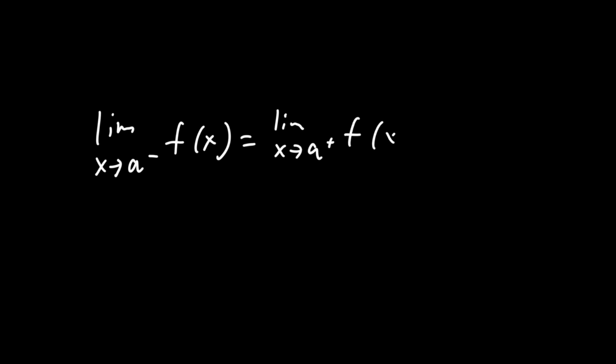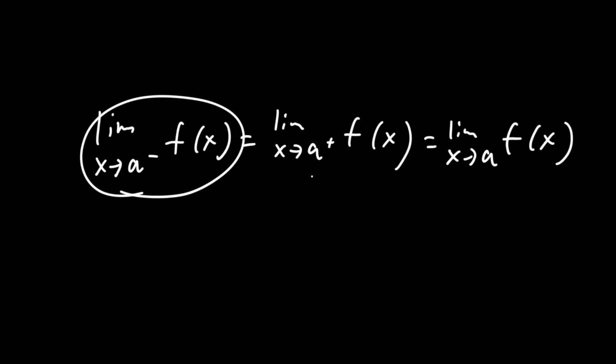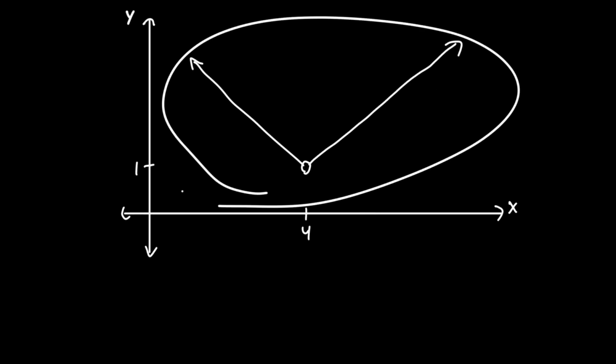The limit as x approaches some number from the left side has to equal the limit as x approaches some number from the right side, which equals the limit itself. If the left-sided limit or the right-sided limit either don't exist or they don't match each other, then the limit itself will not exist.